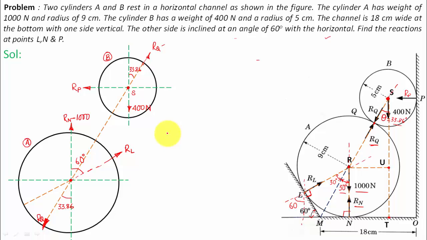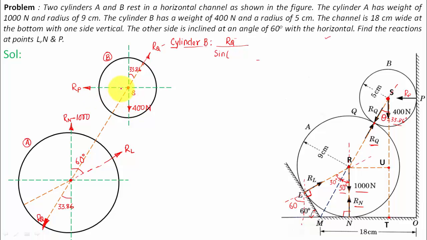For which cylinder? This smaller one, cylinder P. Let us remember Mr. Lami. So we have this RQ over the sine of the angle between the remaining two forces. What are the remaining two forces? It's RP and it's 400 Newton.